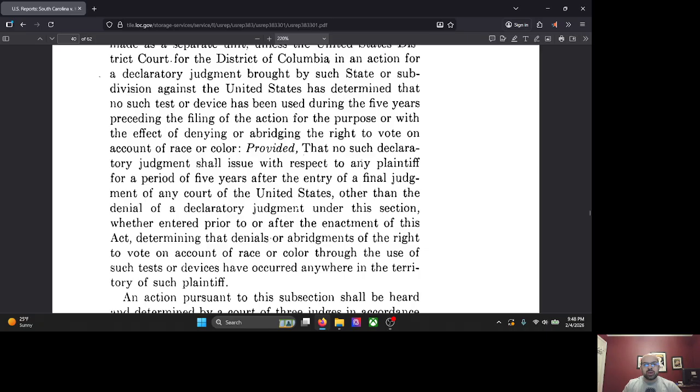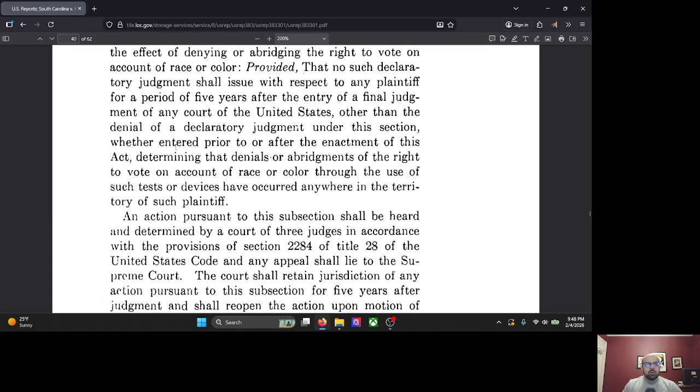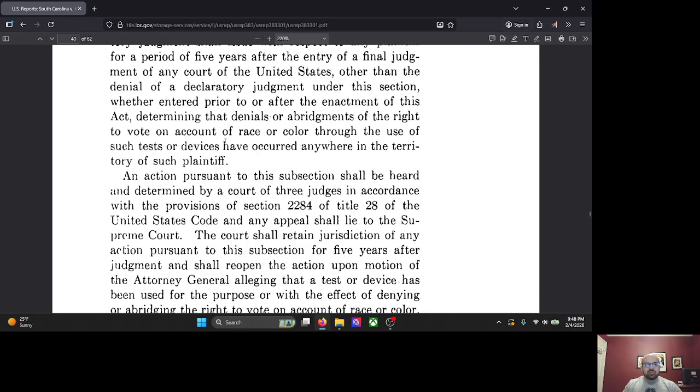provided that no such declaratory judgment shall issue with respect to any plaintiff for a period of 5 years after the entry of a final judgment of any court of the United States other than the denial of a declaratory judgment under this section, whether entered prior to or after the enactment of this act, determining that denials or abridgments of the right to vote on account of race or color through the use of such tests or devices have occurred anywhere in the territory of such plaintiff.